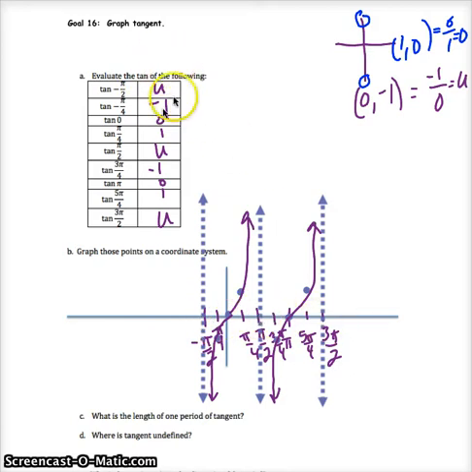And recall that when a function is undefined, we show that with a vertical asymptote. So I have vertical asymptotes at negative pi over 2 and 3 pi over 2. Then I plotted the ordered pairs (negative pi over 4, negative 1), (0, 0), (positive pi over 4, positive 1), and then connected those dots.